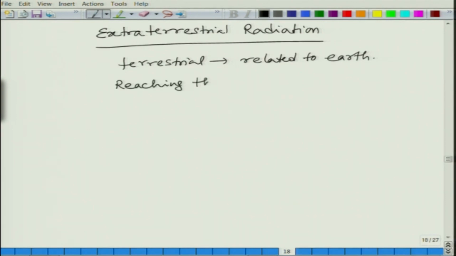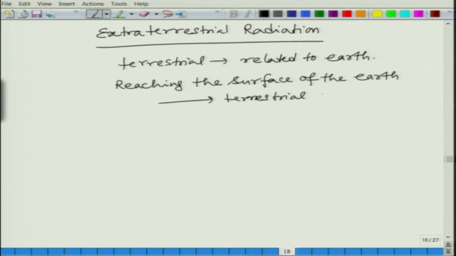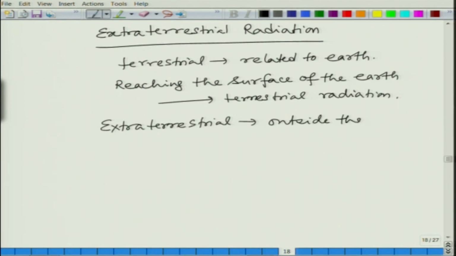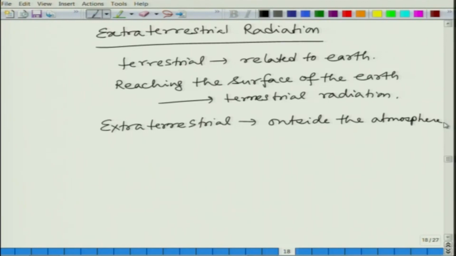Okay. And what is remaining outside? So, this extraterrestrial, in this case it means outside the atmosphere. As I said that atmosphere alters the solar radiation significantly, and that is why it is important that we know what is coming at the boundary of the atmosphere, and that is called extraterrestrial radiation.